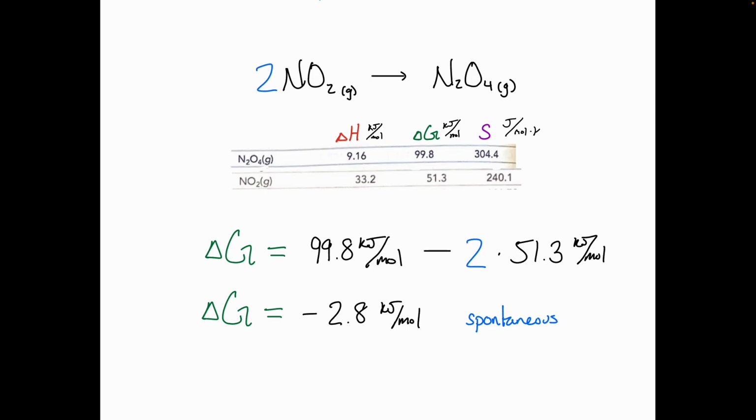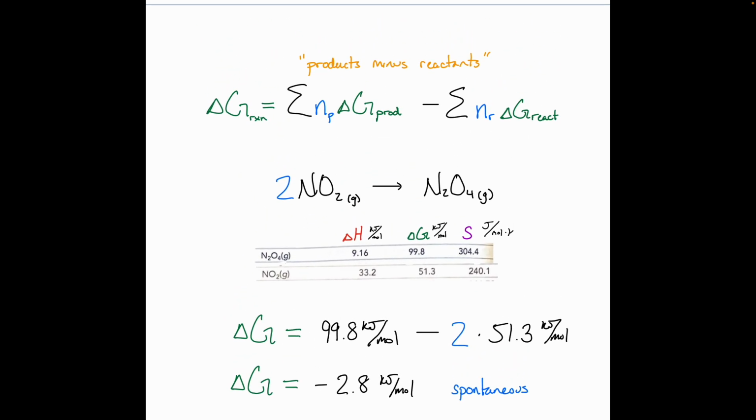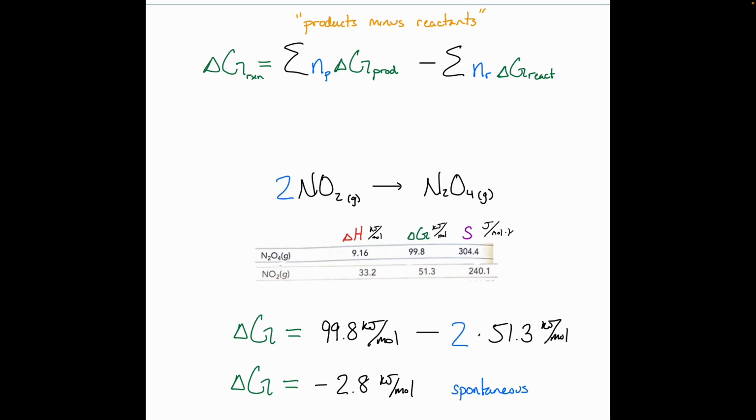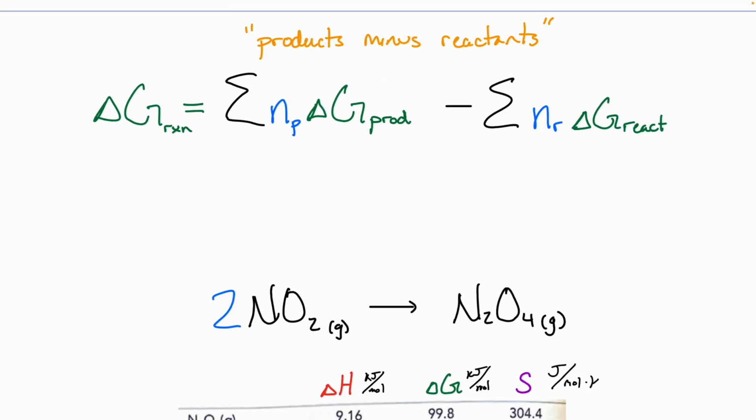All right. The nice thing is that this product minus reactant business doesn't just work for delta G, it works for all 3 of those thermodynamic variables. So I can figure out the delta S of my reaction by doing my products minus my reactants.